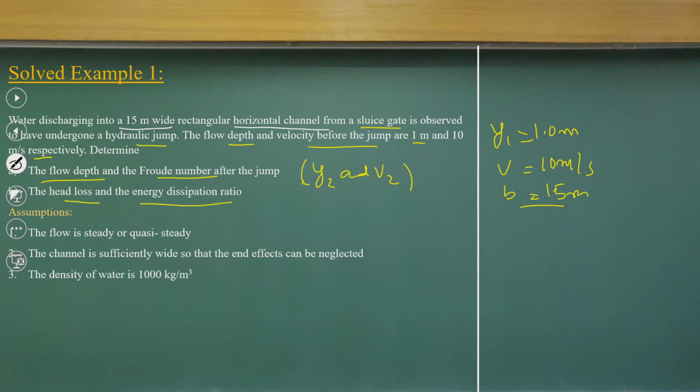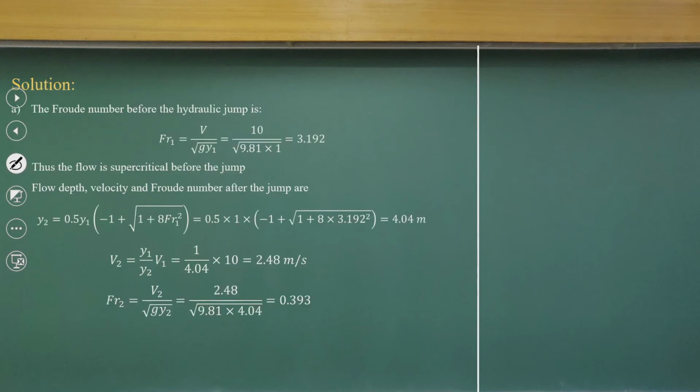So, as we discussed, you can get the energy loss HL, and you can get the energy loss ratio by the upstream specific energy. The assumptions are the flow is steady, that is okay, and quasi-steady, the channel is sufficiently wide so that edge effects can be neglected. The density of water is considered 1000 kg per meter cube.